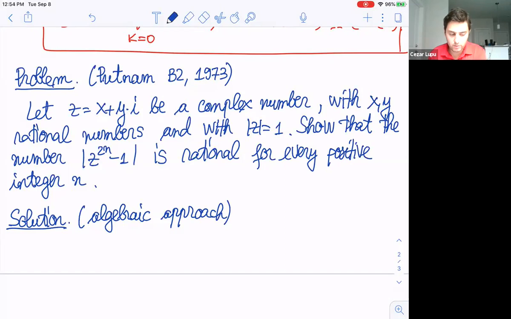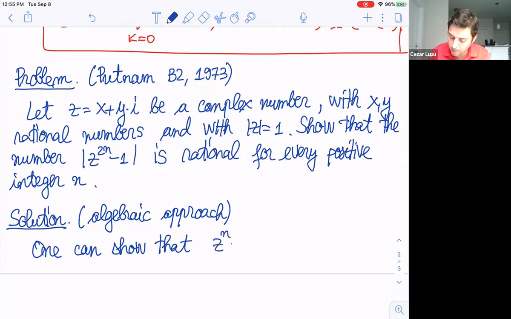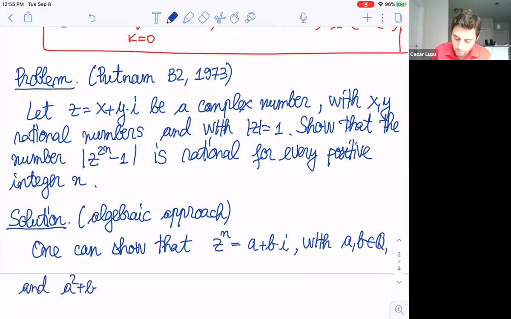Well, you can prove this by induction. Show that if we look at this complex number and we raise it to the power n, at some point it will look like this, a plus bi, with a and b rational numbers, and a squared plus b squared equals 1.